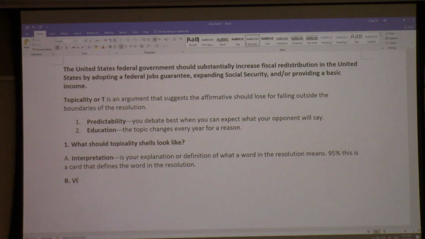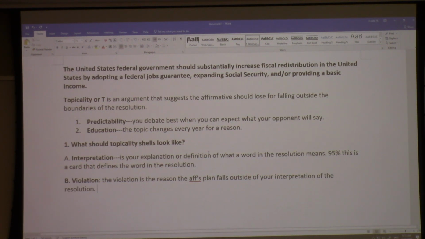The second part is what we call the violation. So the violation is the reason the aff's plan falls outside of your interpretation of the resolution. These first two parts of a topicality shell are relatively straightforward.